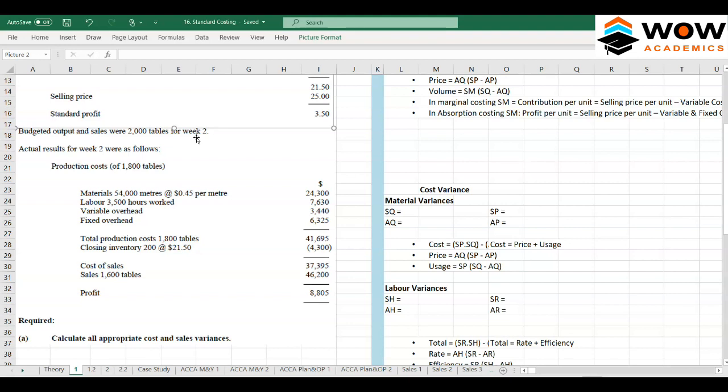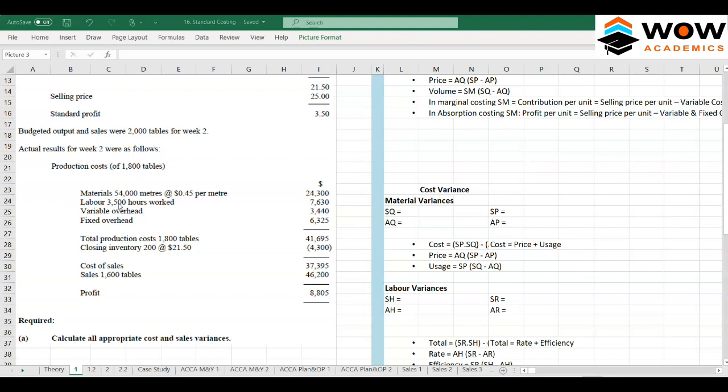They thought of selling 2000 tables, and let's see what happens in the actual data. So we also have the actual data here. It tells you about production cost. There are 1800 tables, this is what they have actually produced.